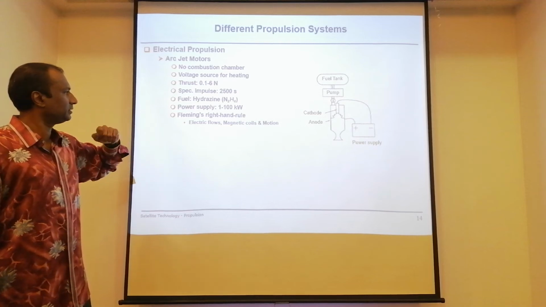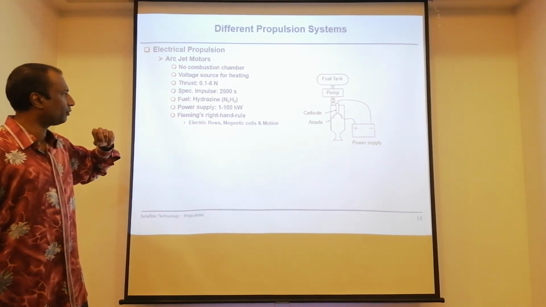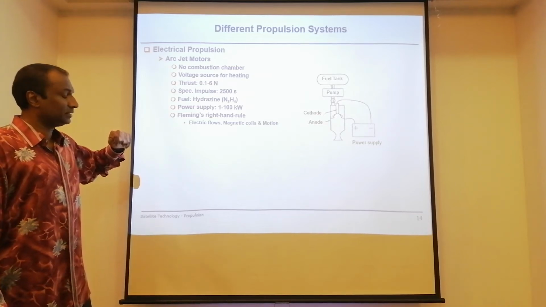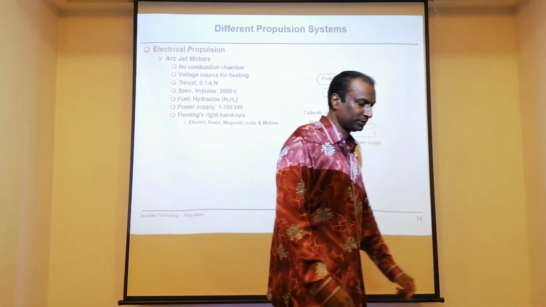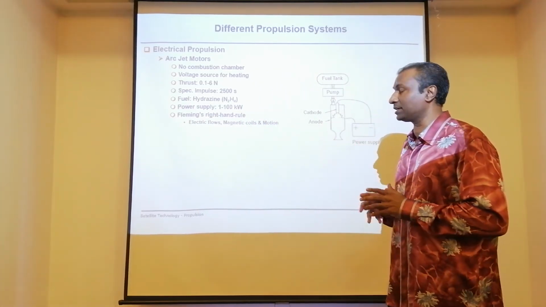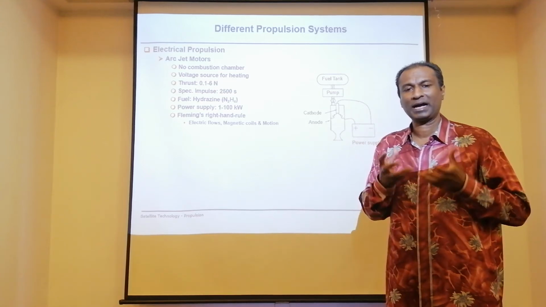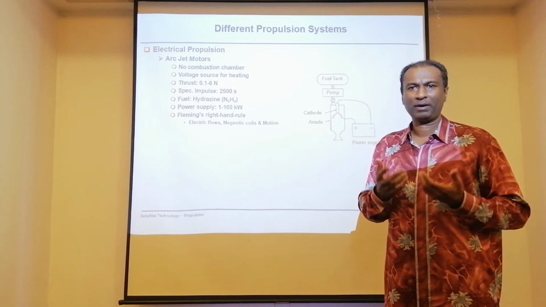Fuel is not typically... sometimes we can use hydrogen, N2H4. Power supply: the biggest disadvantage of ionic propulsion, or rather electrical propulsion, is the high power requirement.